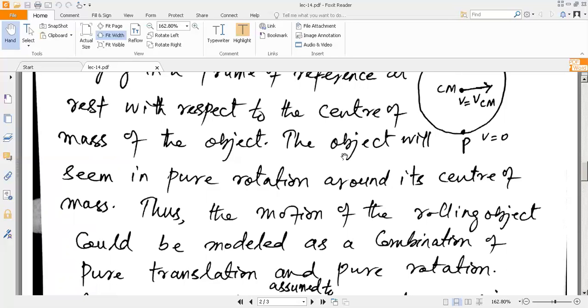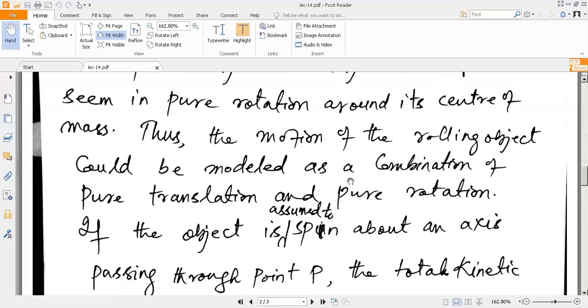There will be no translational motion observed by the observer for this cylindrical object which is rolling along the horizontal surface. We say that, in conclusion, the motion of the rolling object can be modeled as a combination of translational and rotational motion.